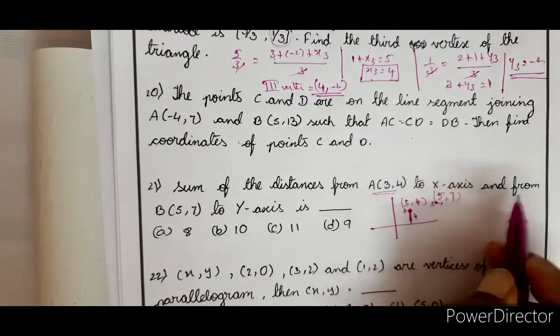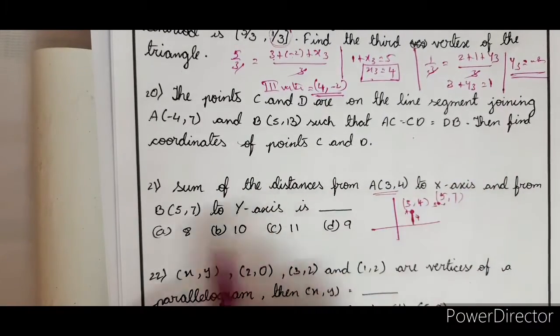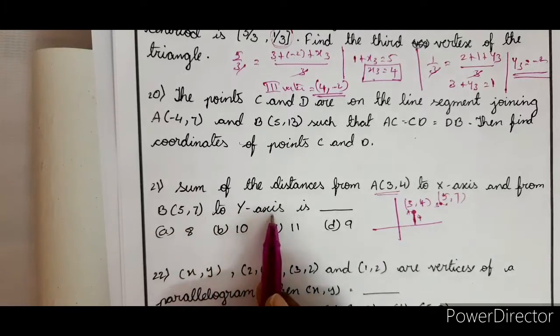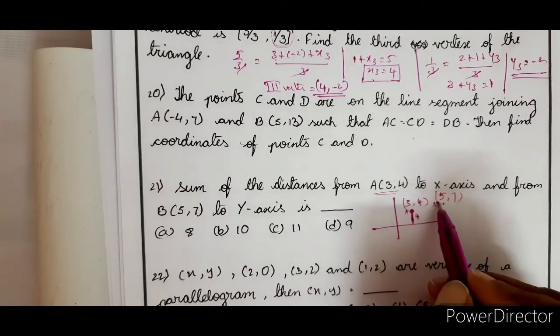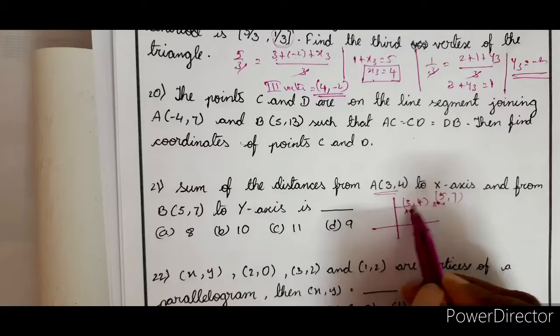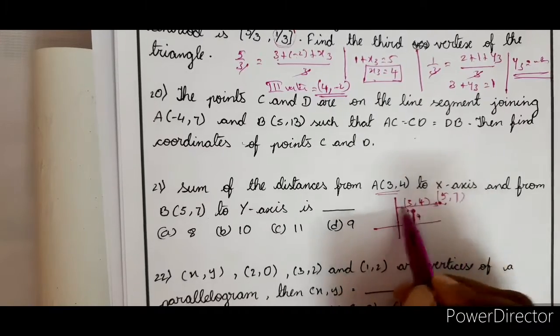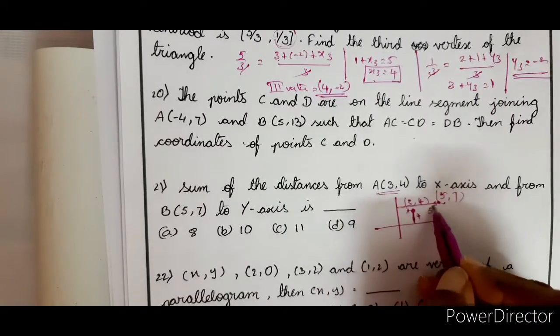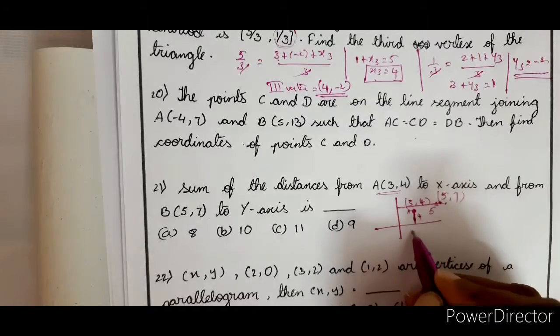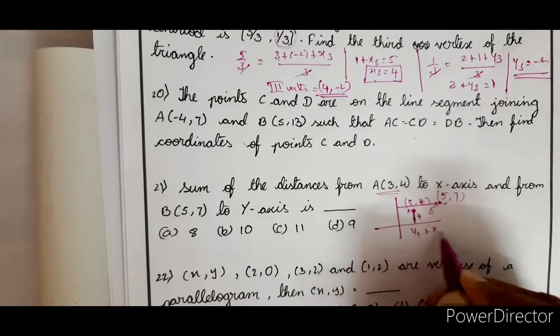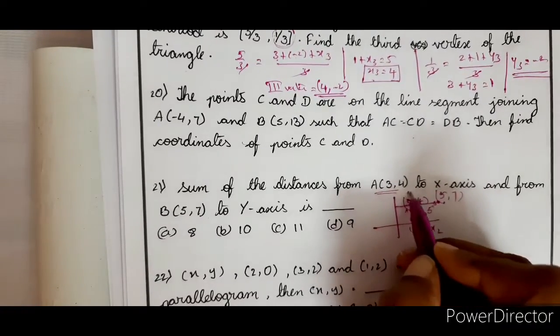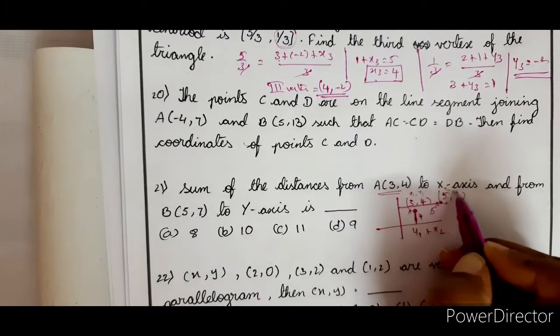That means it is the y of the first point, that is 4. And from B(5, 7) to the y-axis, this distance is 5. That means y1 plus x2, suppose it is (x1, y1), (x2, y2).